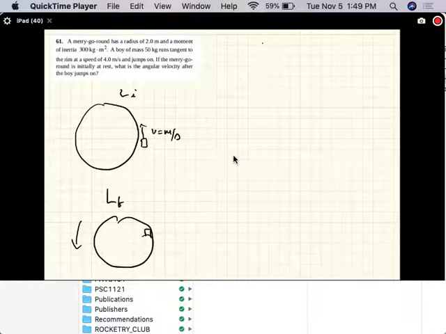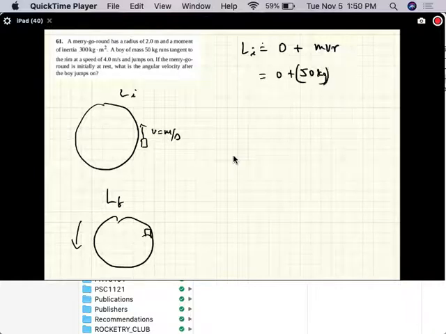All right. So L initial is 0 for the merry-go-round and mvr for the kid. So 0 plus 50 kg, R is 2 meters, v is 4 meters per second.